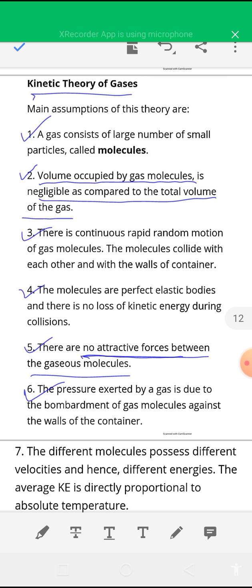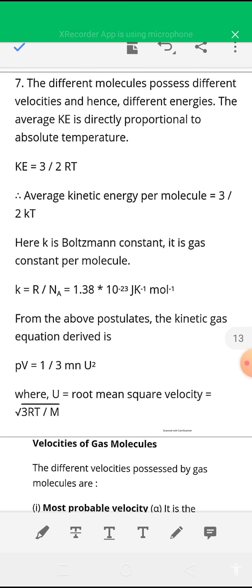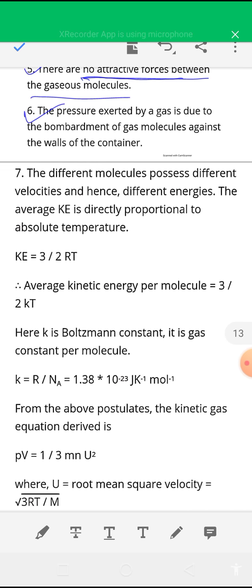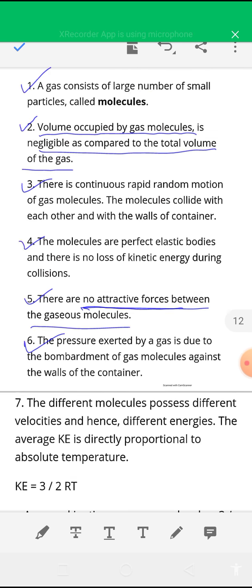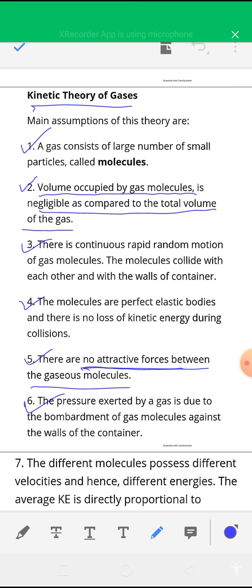Although it is very small, they have some volume, and there are some forces of attraction between the gas molecules. These assumptions are valid for ideal gases, and for real gases you have to make correction to point number 2 and point number 5.